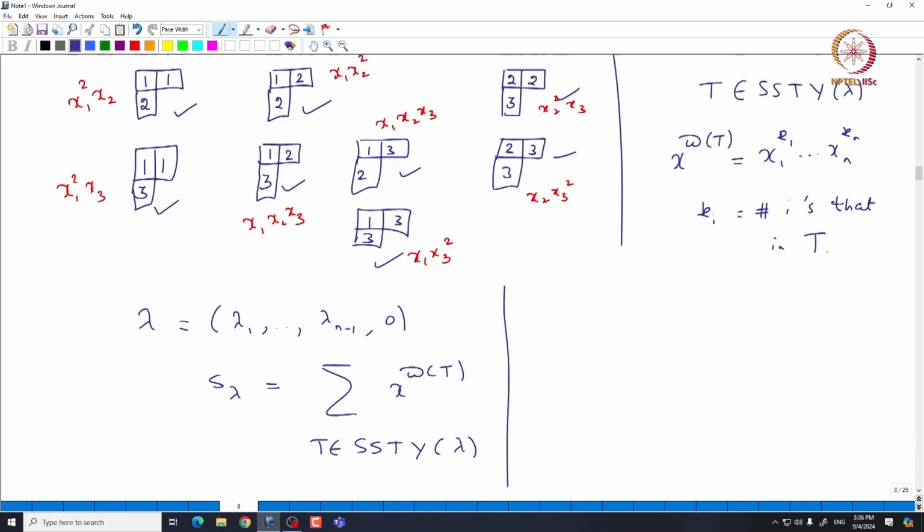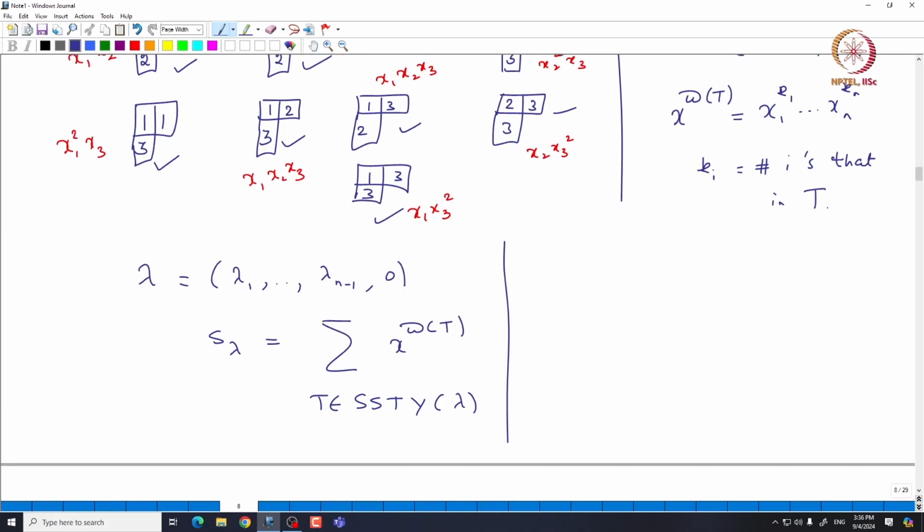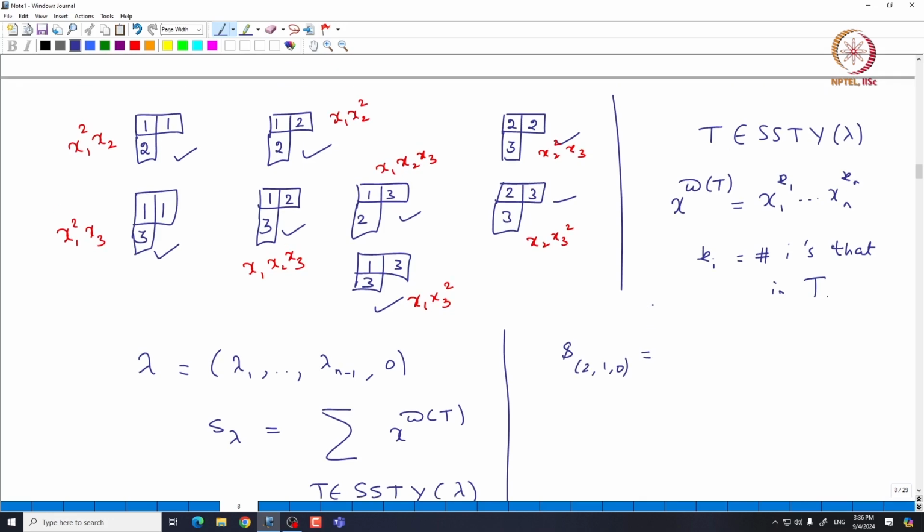But one can define the action of the symmetric group on these tableaux, which will tell you this is indeed a symmetric polynomial. I am not going to get into the detail, I am just going to write down the result, and then I will give you the reference where you can find the details. For example, if I take S with lambda to be 2, 1, 0, then you exactly get the monomial sums from here.